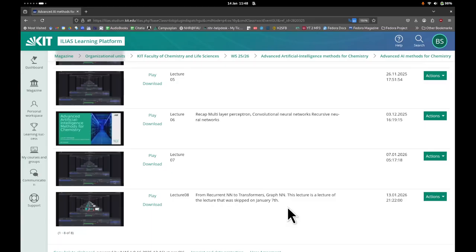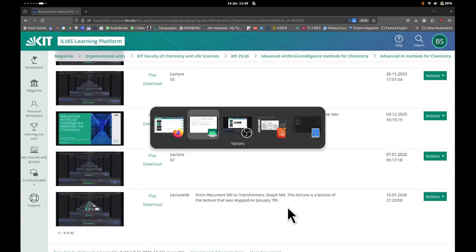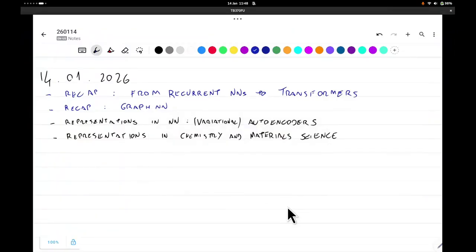And then today we go to representation. First, from a more abstract point of view, what are representations in neural networks, and then leading to the idea of exploiting a representation of neural networks in order to generate instances of some population, so generative AI, even though I will basically just touch it with the autoencoders.